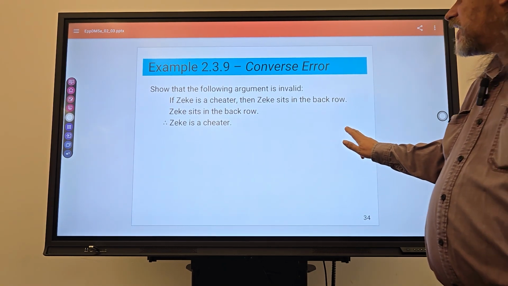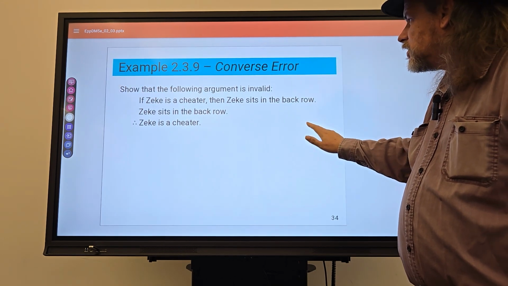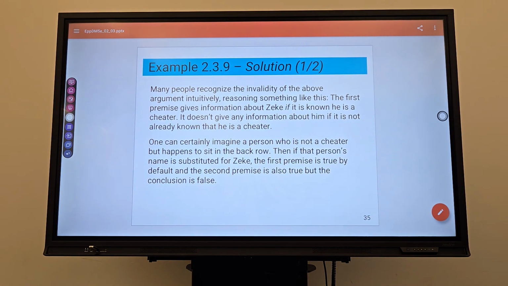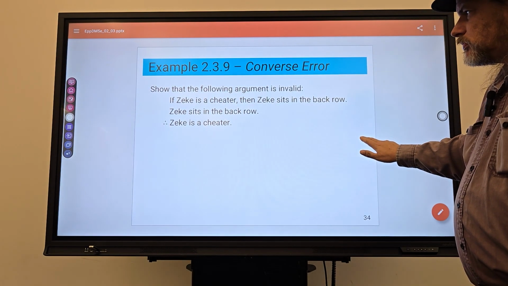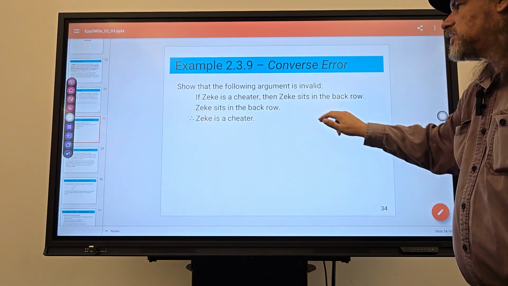But this looks like a modus ponens type of thing, but it's not, because the second statement is in the second line rather than the first one.